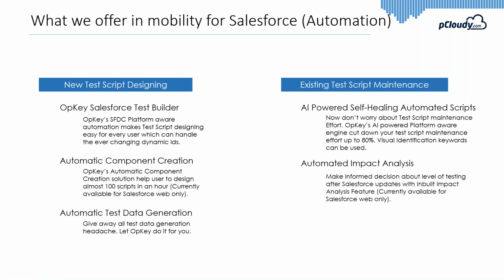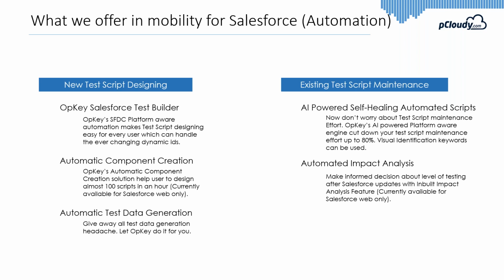And then we have a feature called automated impact analysis. This is again currently available for the Salesforce web application, where OpKey can fetch the API properties, the metadata properties of an instance. Let's say we have taken the accounts object inside Salesforce. We can take the API level properties.